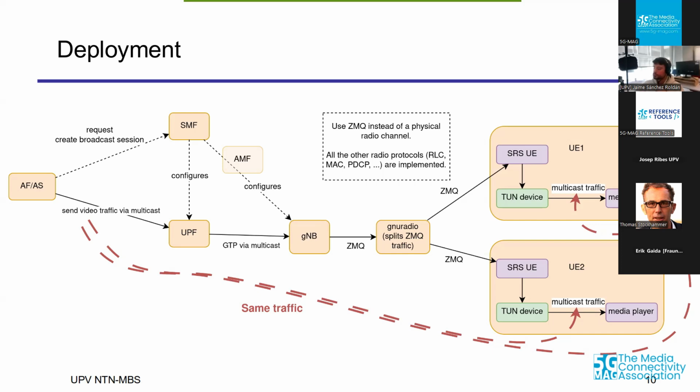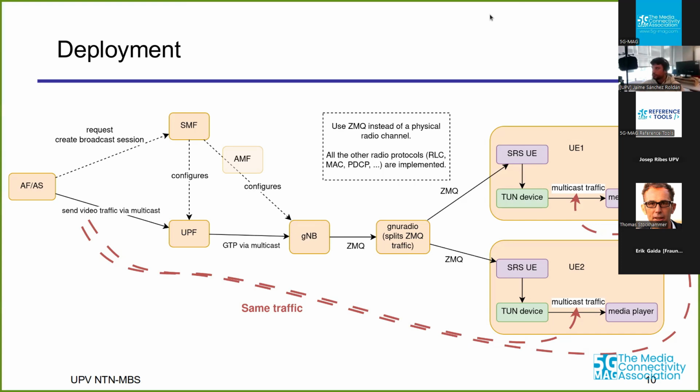But all the other radio protocols are implemented in the gNodeB and the UEs. And you can see in the diagram that on the left side, the AF sends the video traffic to the UPF, and the same traffic will be received on the UE side and reproduced in a media player.